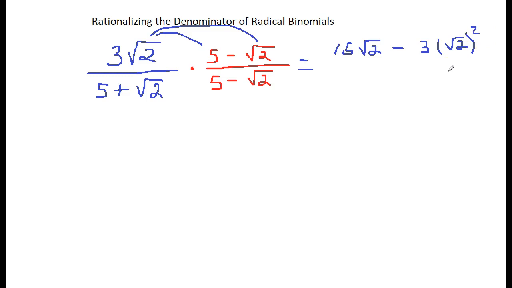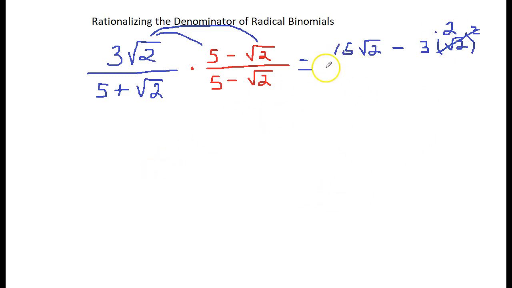What happens when you square a square root? Well, it cancels out the square root. So what this really becomes is 2. So I have 3 times 2.